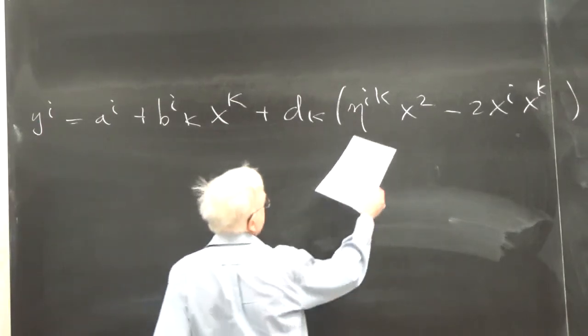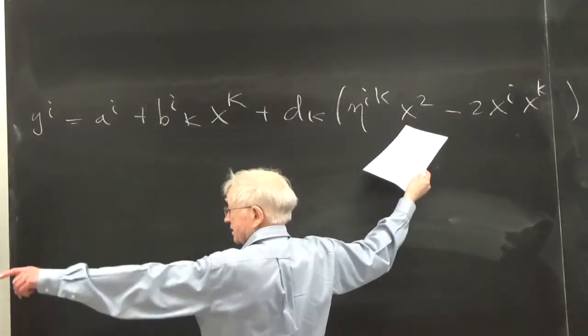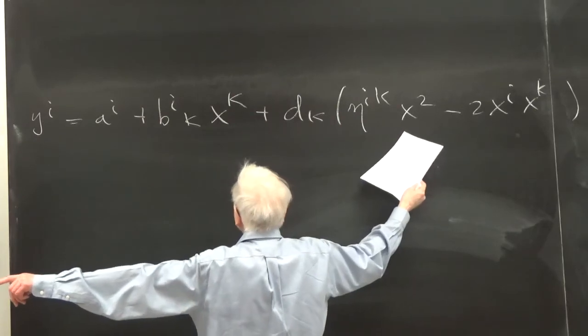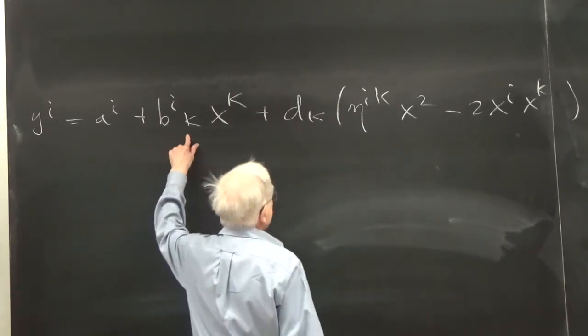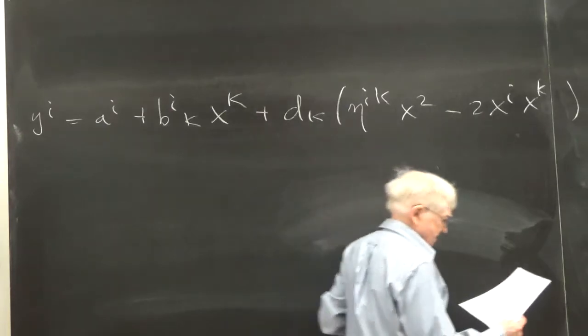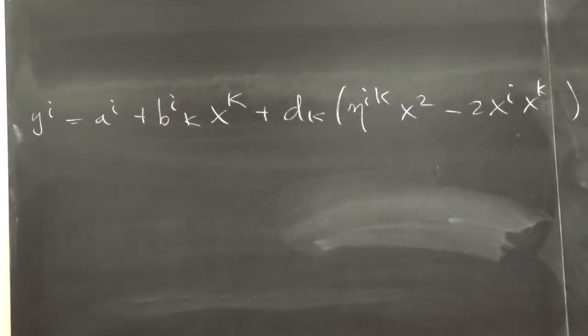So this is what we call the conformal transformation over there. This is a translation, that's a Lorentz transformation. Where's the dilation? I left a term out. This equation is wrong in the notes.